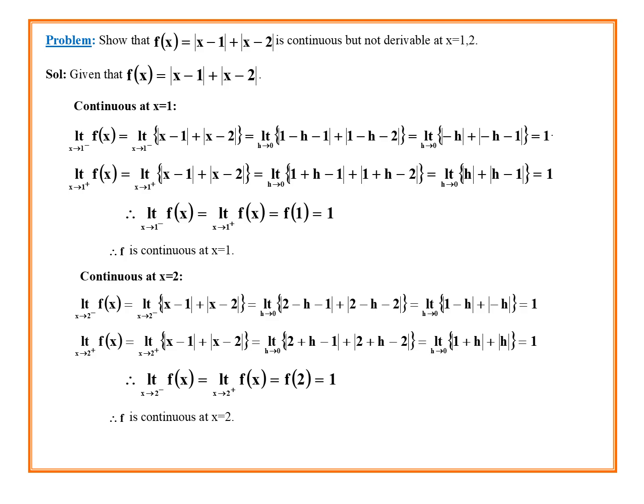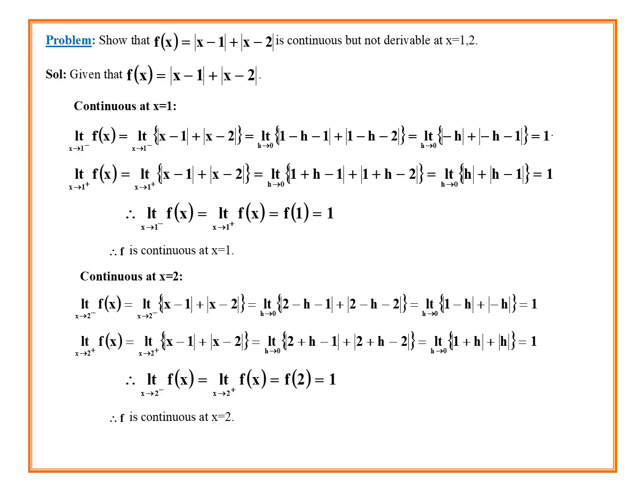Limit x tends to 1 plus f of x equals limit x tends to 1 plus mod x minus 1 plus mod x minus 2. Now we are proving limit h tends to 0, mod of 1 plus h minus 1 plus mod of 1 plus h minus 2, that is limit h tends to 0, modulus h plus modulus h minus 1.